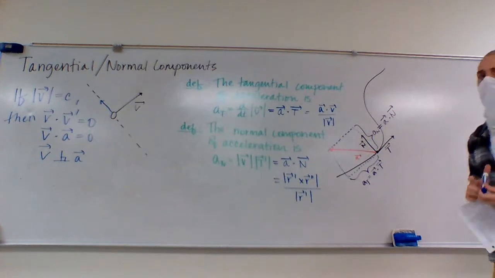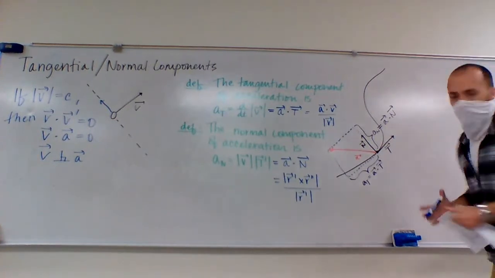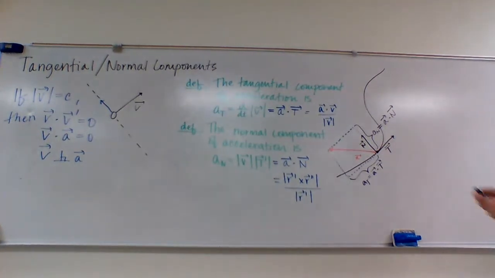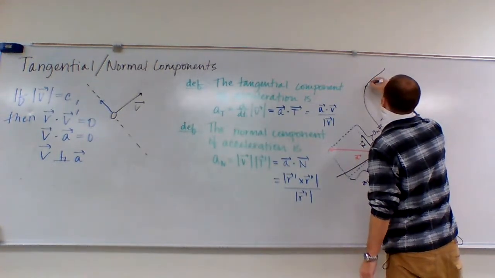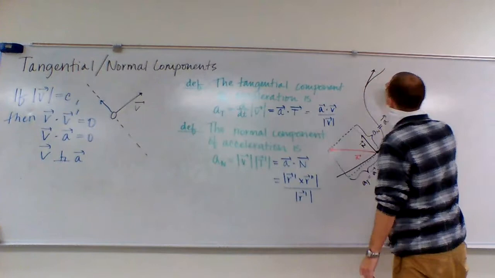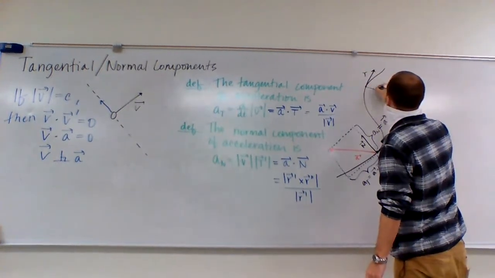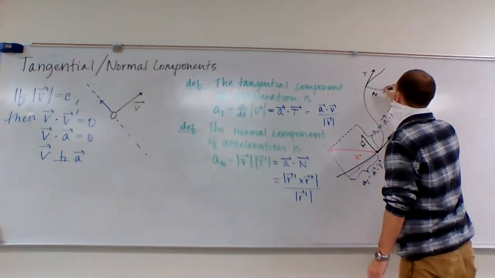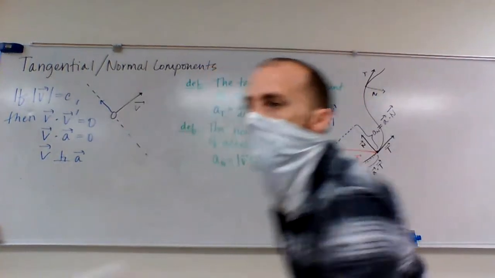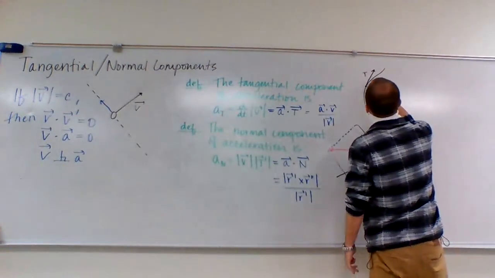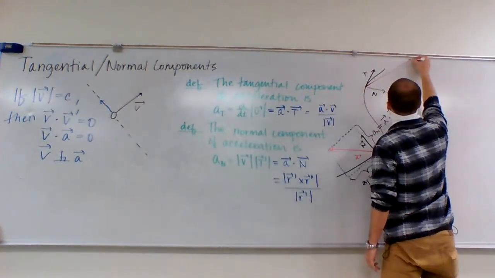I think that my drawing didn't go so well the first time, but you can envision it, I'm just going to go for it. Suppose we had a situation where the acceleration was in the direction of motion. So we had T here, N over here, suppose they're at a right angle, and maybe the acceleration vector is really accelerating, maybe it's huge.